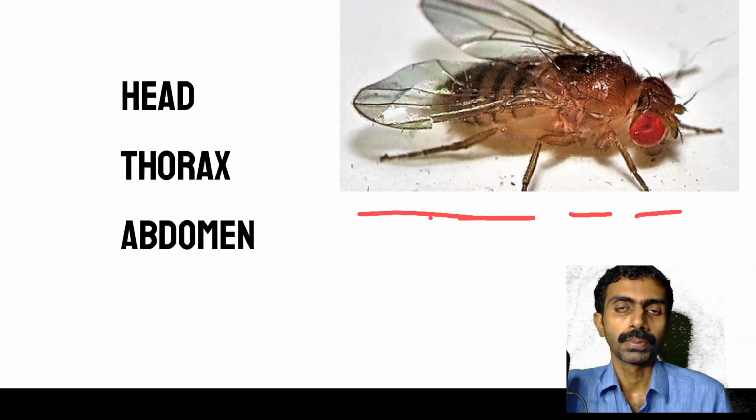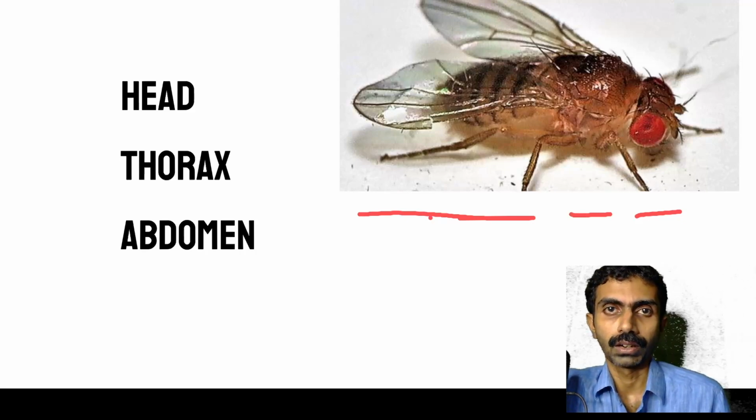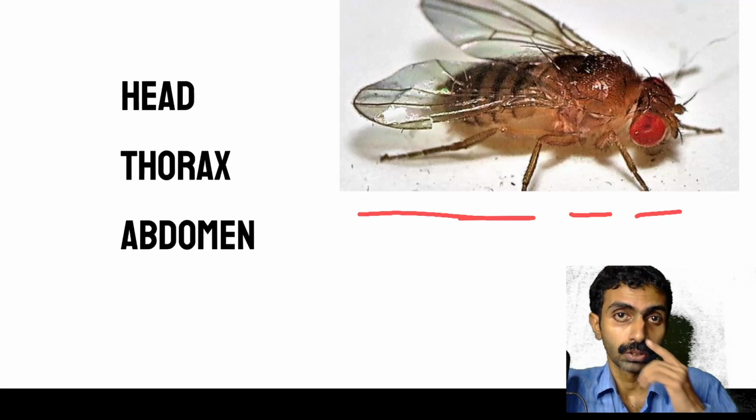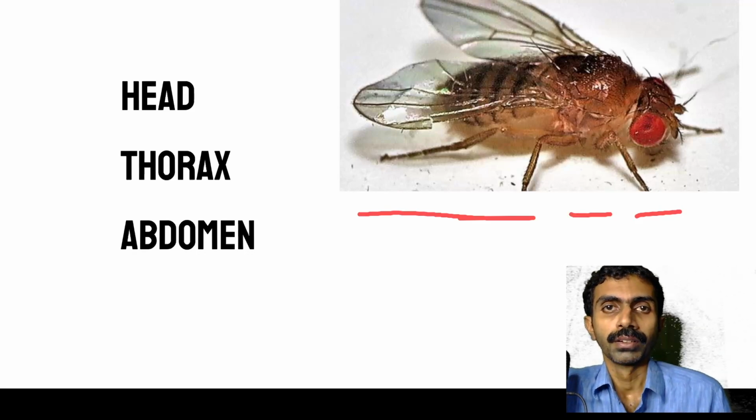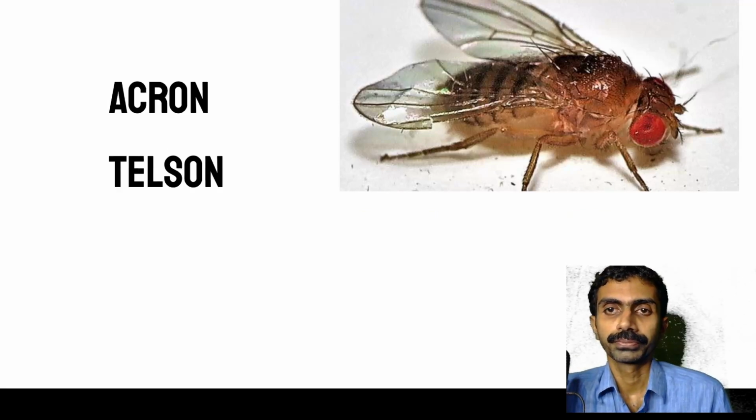All these three parts are formed along the anterior-posterior axis. That means without anterior-posterior axis there is no head, thorax and abdomen. It means Drosophila cannot really differentiate its zygote. So this anterior-posterior axis formation starts when it is in the egg state, and it continues through the zygote stage.